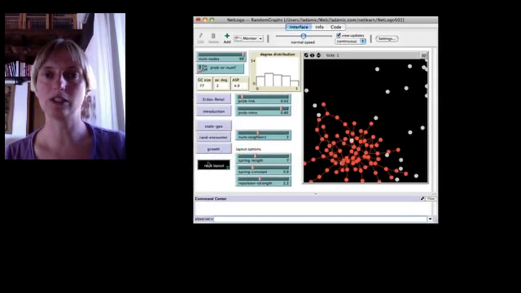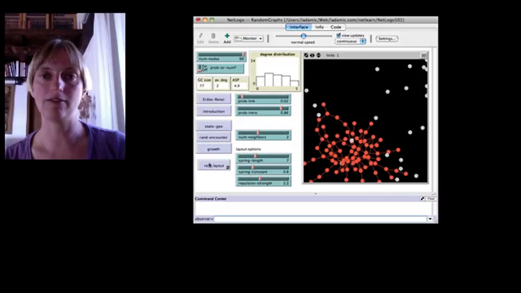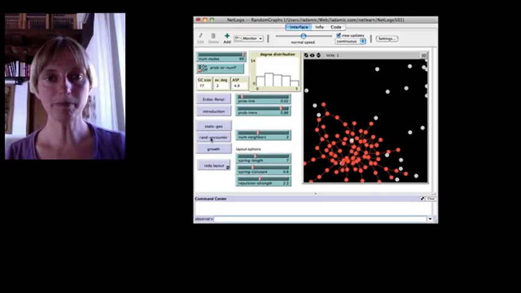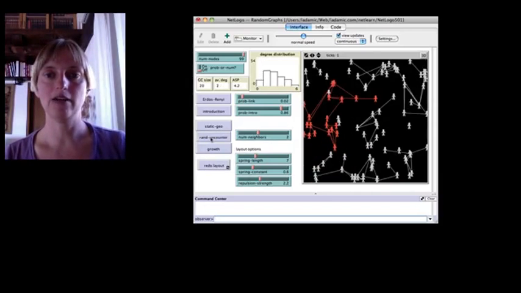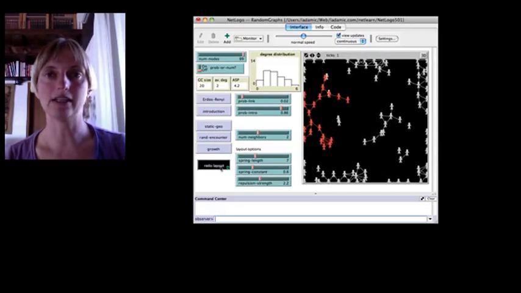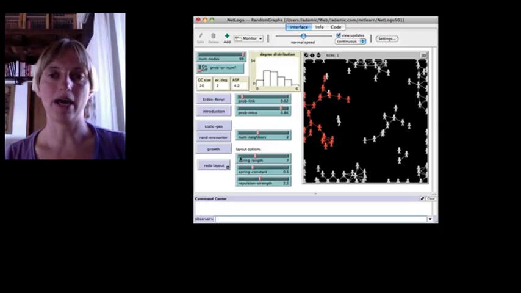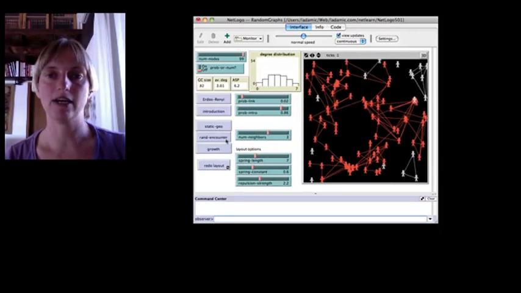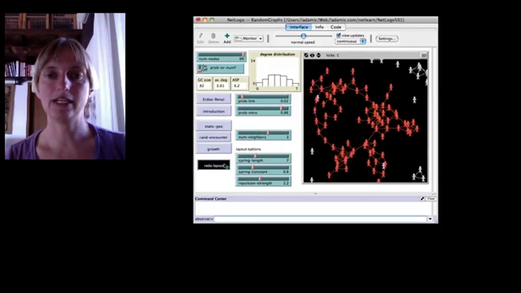So for this, I also want to at least initially turn off the layout function. I'm going to click on random encounter and see, for example, if the number of neighbors is 2, what does the resulting structure look like? I can apply the layout algorithm, and for this one, you may want to see what happens if you have an average degree of 3, right?